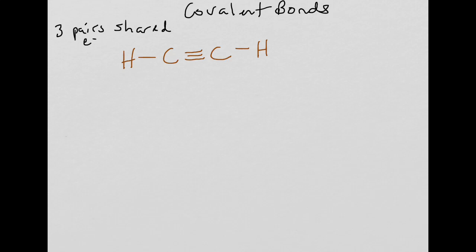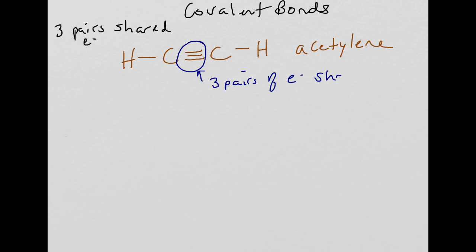So this is acetylene. And you can see those right there. That indicates that those 2 carbons are sharing 3 pairs of electrons, and that's what we call the triple bond.